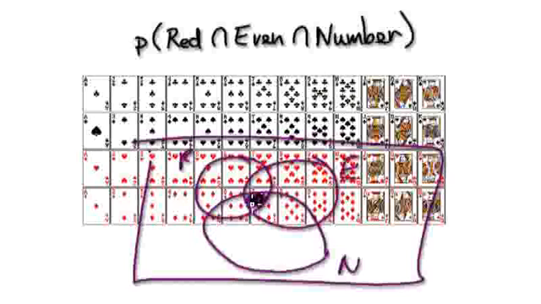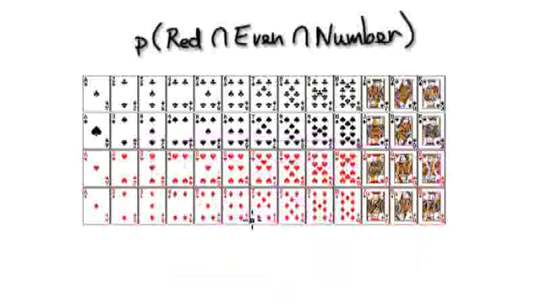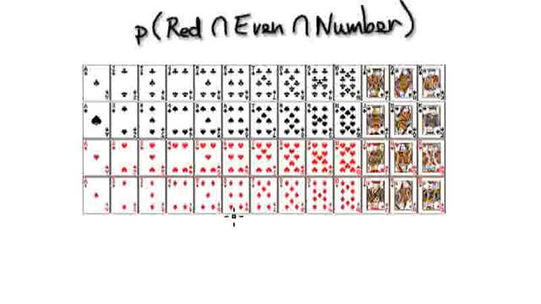We said it was 10, because red and even and a number card. If you look at this bit here, it represents a number card, but not an even and not a red. Anyway, do what you have to do. Draw the Venn diagram to represent this whole situation.